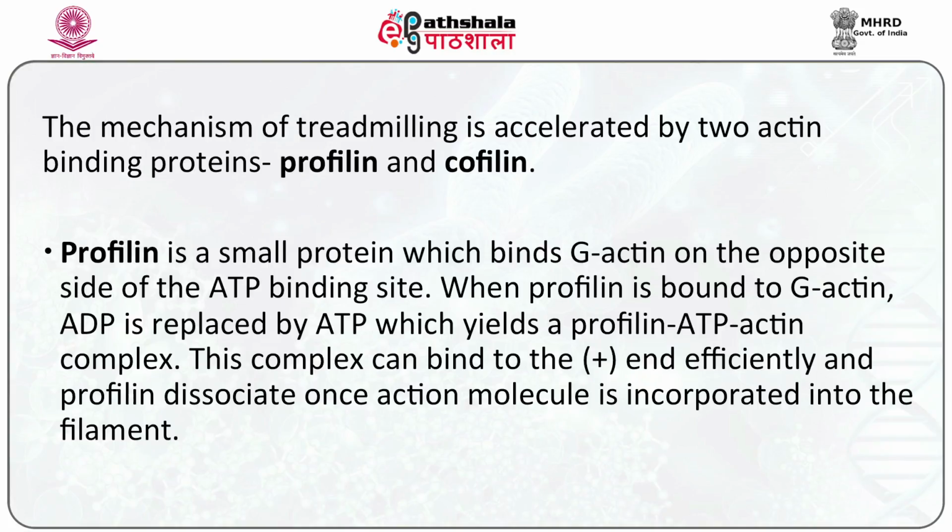When profilin is bound to G-actin, ADP is replaced by ATP, which yields a profilin-ATP-actin complex. This complex can bind to the plus end efficiently, and profilin dissociates once the actin molecule is incorporated into the filament.